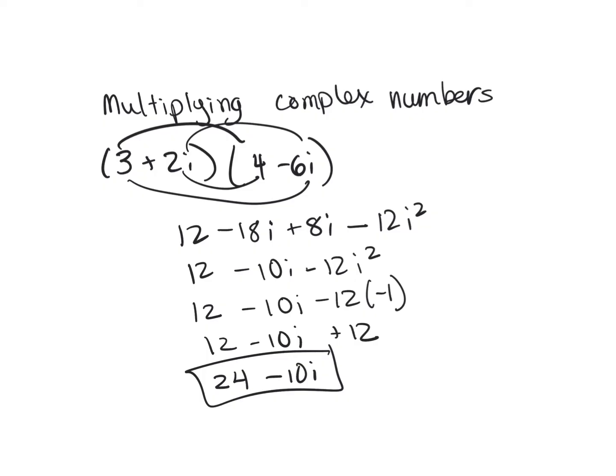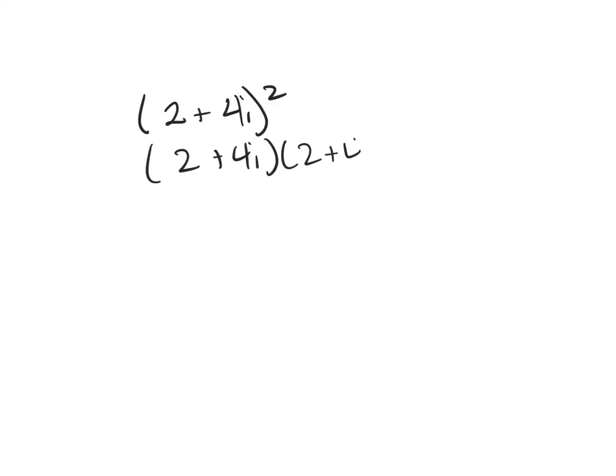Any questions on that? That's multiplying. If I want to square something, say 2 plus 4i squared, you would square it just like you would square a binomial: 2 plus 4i times 2 plus 4i, and FOIL it out. But we know the form of a perfect square binomial: the first thing squared, plus 2 times the first times the second, plus the last thing squared.